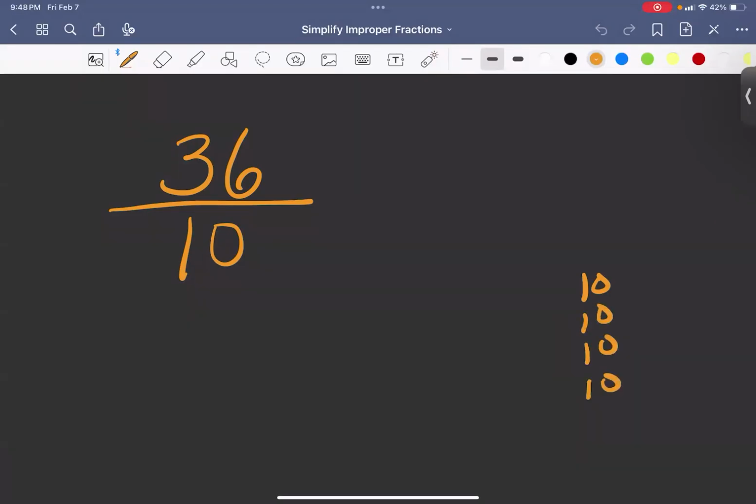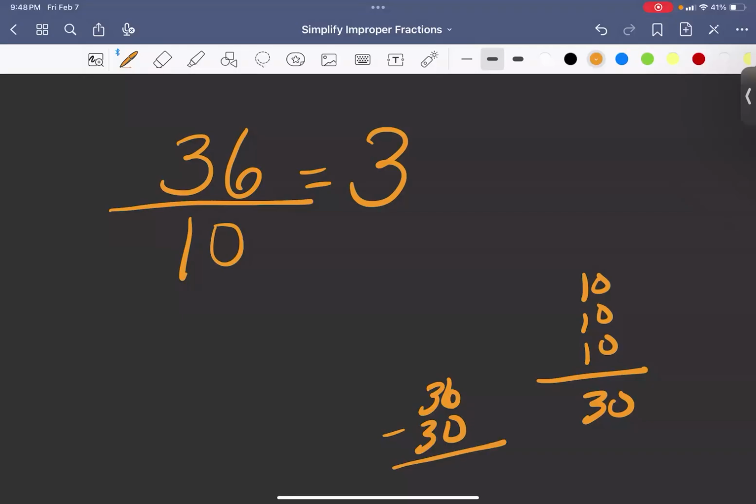Oh, that's too much. So we have 3 tens. So 3. How many are left over? Well, 36 minus 30 is 6. So we're left with 6, and we keep the same denominator, which is 10.